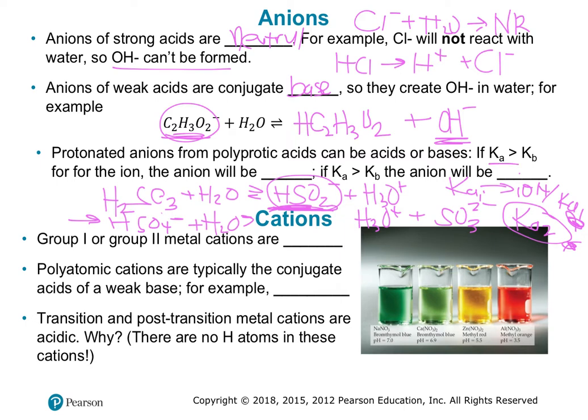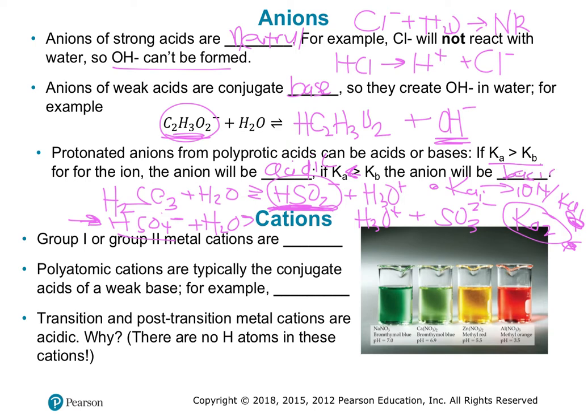So if our hydrogen sulfite has a bigger Ka than it does a Kb, then it's going to be acidic. If the Ka is less than the Kb, the anion will be basic.